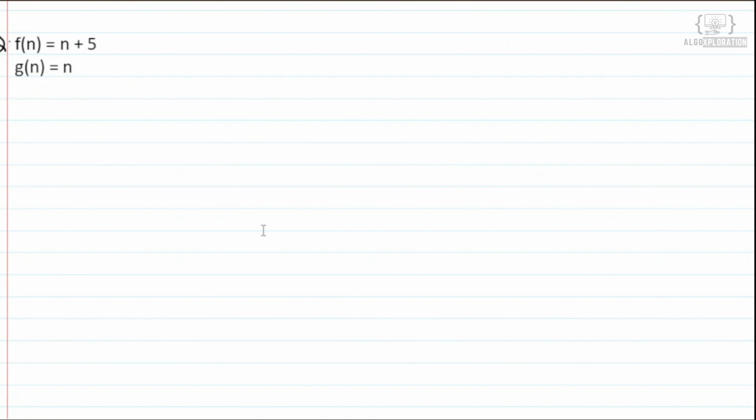Let's solve the first problem. Here f of n is n plus 5 and g of n is n. So according to the definition, f of n is equal to order of g of n when f of n is less than or equal to c into g of n.